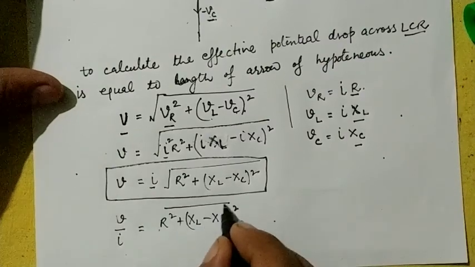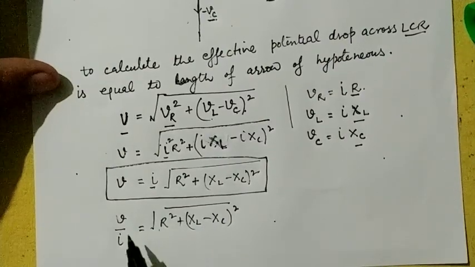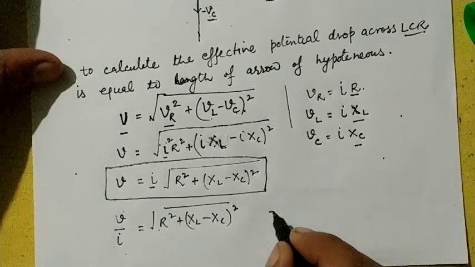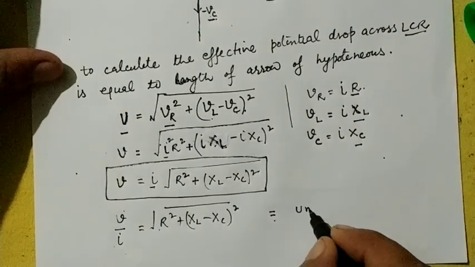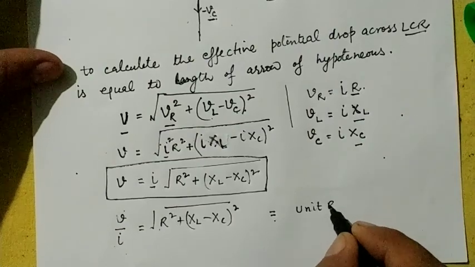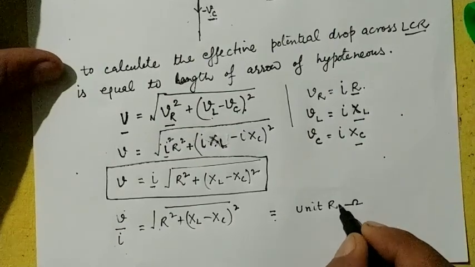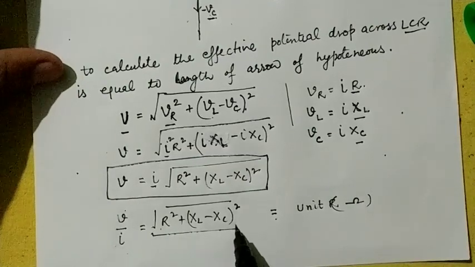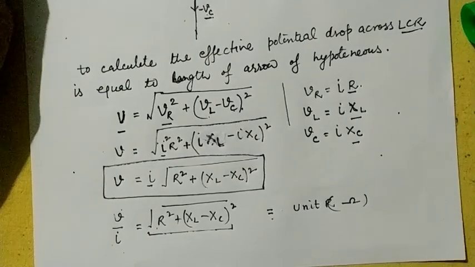So here voltage divided by current has the same unit as that of resistance, that is ohm. So this term plays the same role as that of resistance.